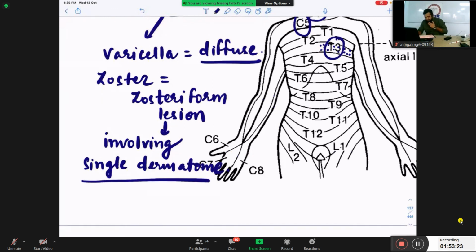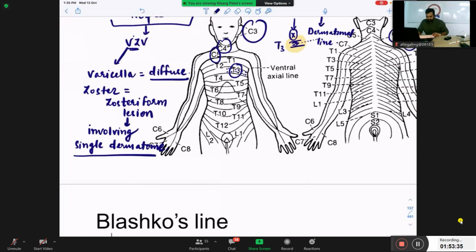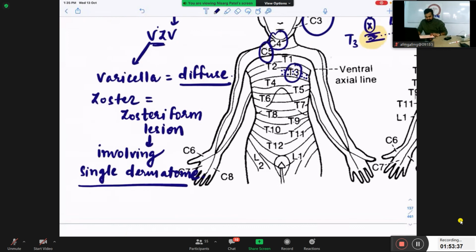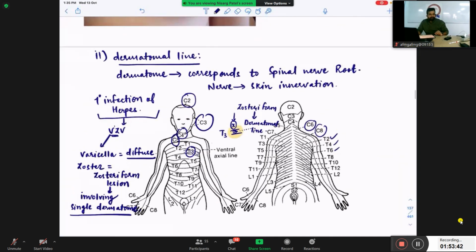When a single dermatome is involved, it is known as a zosteriform lesion. Okay, so these are the important dermatomal lines.